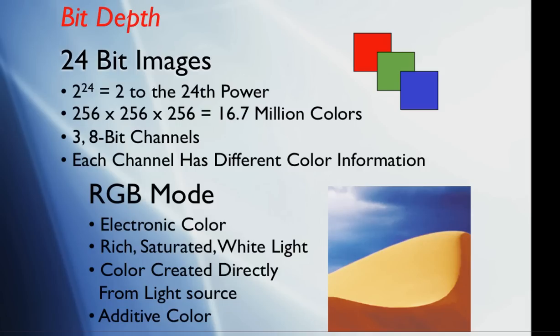Even if they convert it with software automatically, they are basically RGB, red, green, and blue devices. Now, a couple of things here. So we end up with a 24-bit image.